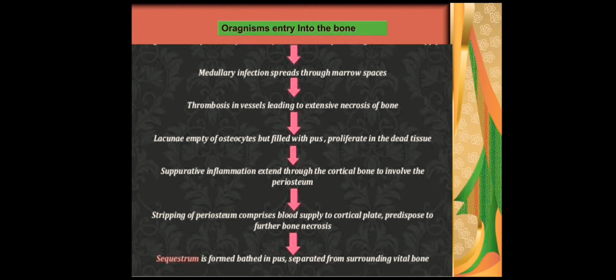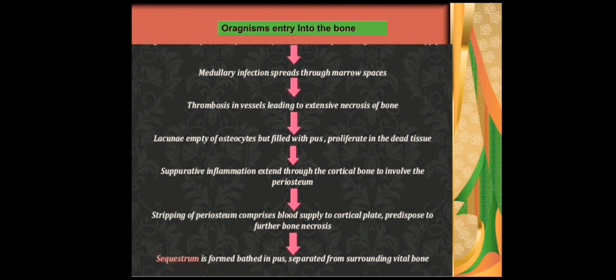Also, because the metaphyseal vessels are involved, there will be thrombosis of the vessels. There will be ischemia, or lack of blood supply to the bone, because of raising of the periosteum due to pus accumulation, and all this leads to necrosis of bone.